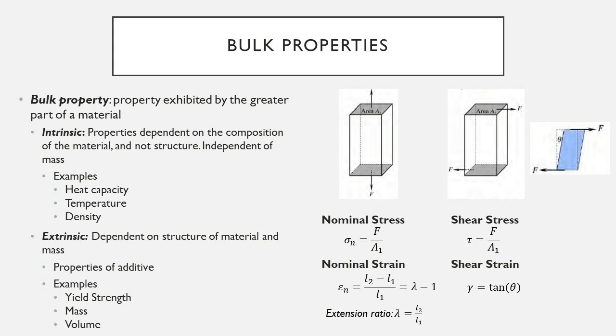Now, properties of materials can be divided up into two categories. One would be surface properties, and the other would be bulk properties. The surface properties are important because they dictate the interactions between a material and its environment. So they have huge implications in the biocompatibility of a particular material. But the success of a material also depends on its bulk characteristics, so how the material acts as a whole, homogeneously throughout the entirety of the material, not just the surface.